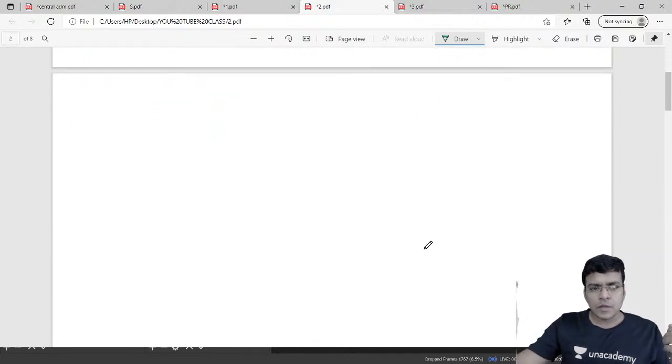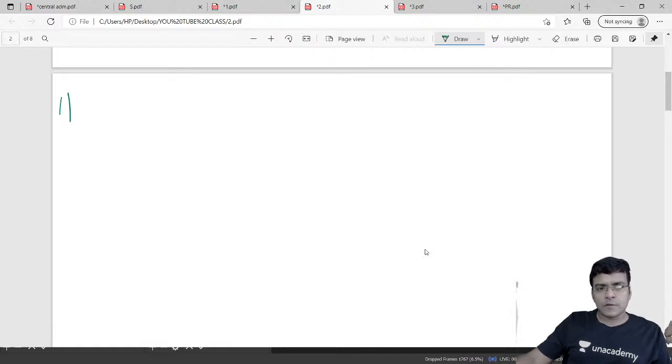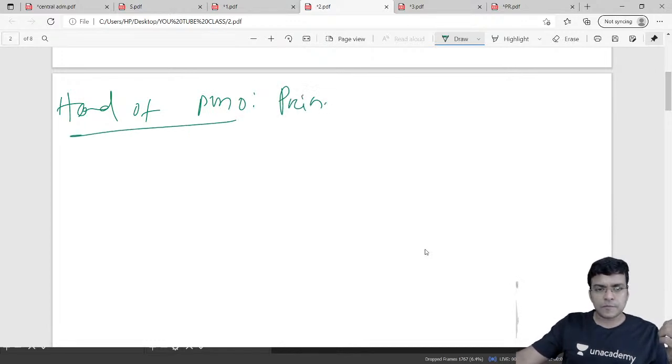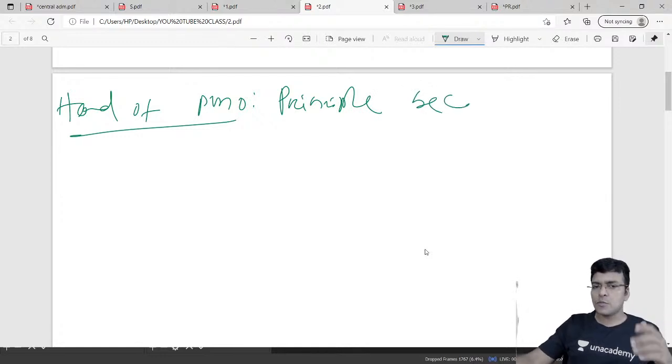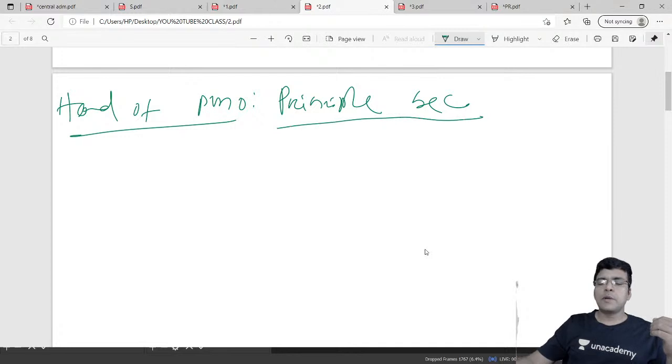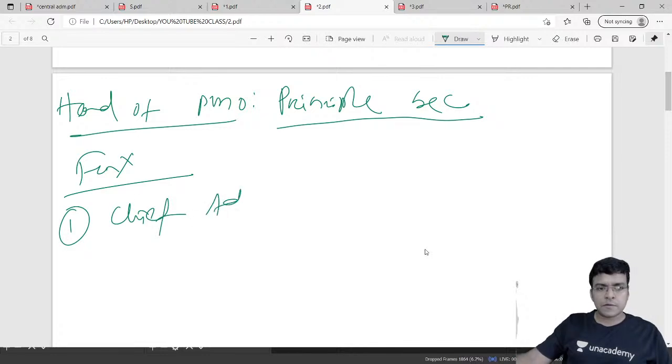Now the administrative head of PMO is the principal secretary. He is one of the senior most IAS officers, handpicked by the Prime Minister to manage the Prime Minister's office. So what is his function? He is the chief advisor of the PM.